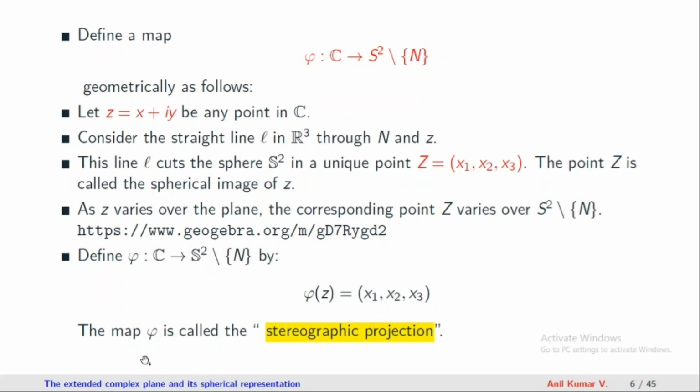And this map is called the stereographic projection.